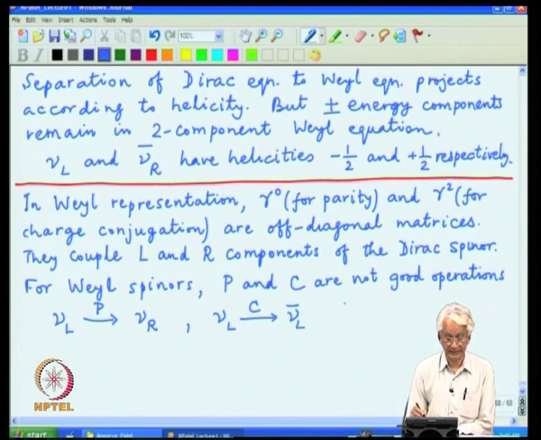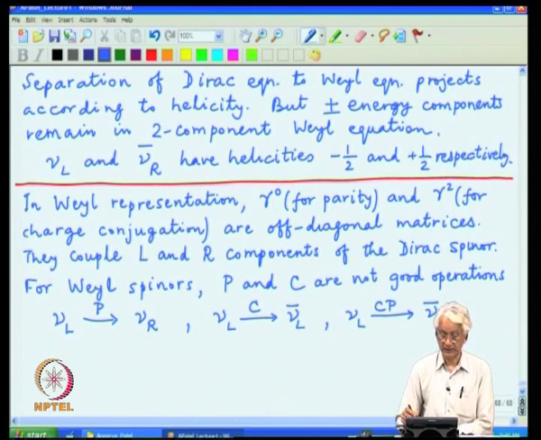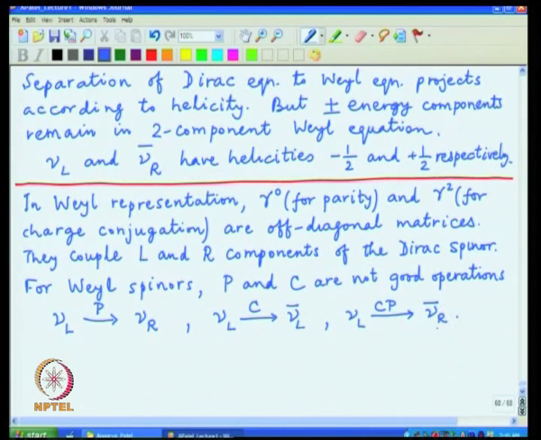If you want to get an object which is completely defined for a single Weyl equation, one can apply both these operations simultaneously. And since gamma 0 and gamma 2 are off diagonal, the product of the two of them turns out to be a diagonal matrix, and so one can have a combined operation which is commonly referred to as CP, and that produces a right handed antineutrino, and that indeed is a solution of the Weyl equation with an opposite value of energy.